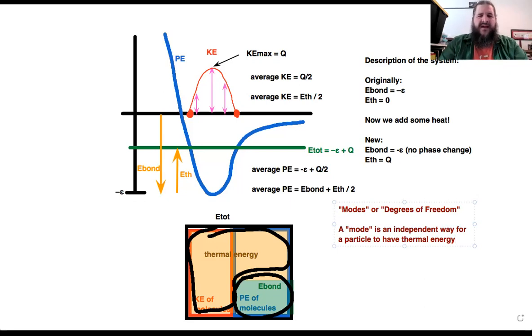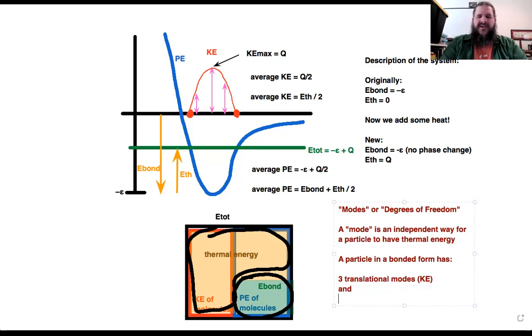So that means that we say it has 3 translational modes, because it's able to move in 3 dimensions. Those count as kinetic energy.